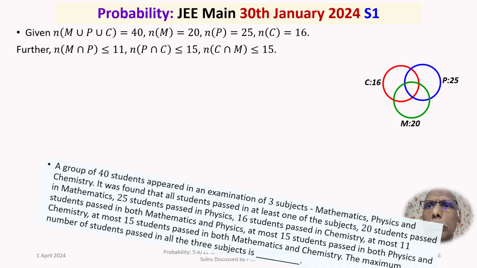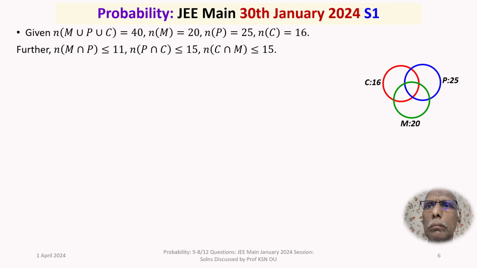So now let n of M intersection P intersection C be X. That is this portion, the common to all the 3. n of M intersection P intersection C complement is A. That means in the M intersection P, those people who passed in M and P but not C, let that be A.